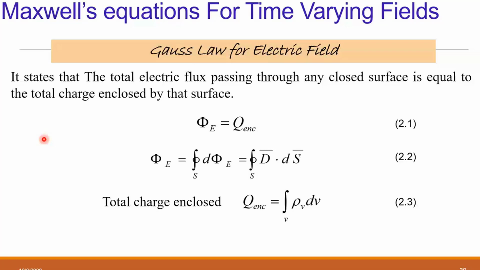So Q enclosed is equal to phi, or we have called that psi in the electric field, not phi, it is psi as per our notations. It may be psi, or they have given one more notation, that is phi e. So phi e or psi is equal to Q enclosed.